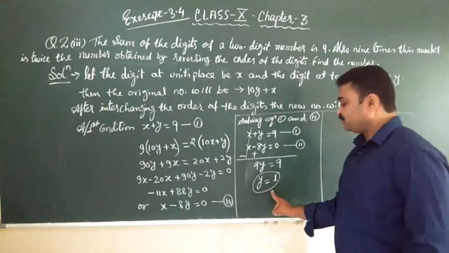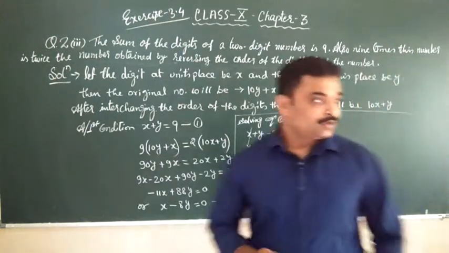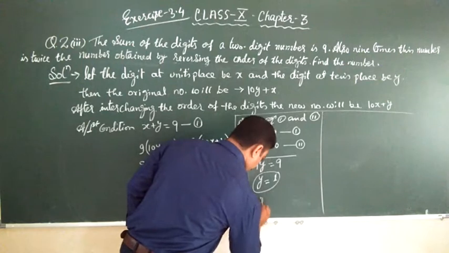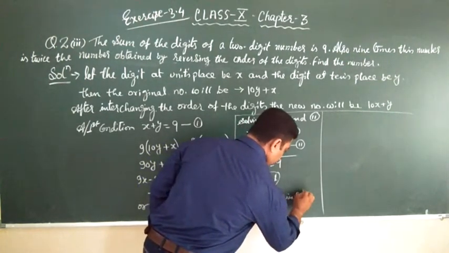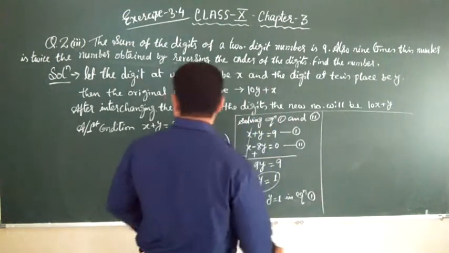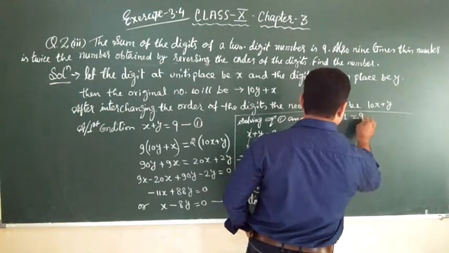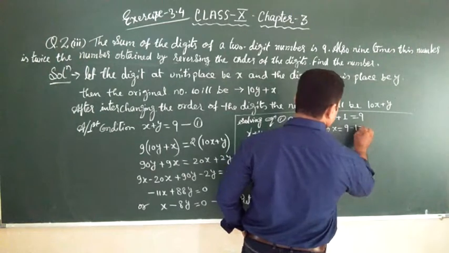Now, we put y is equal to 1 in any of the equations. Putting y is equal to 1 in equation 1, x plus 1 is equal to 9. This implies x is equal to 9 minus 1, that is 8.